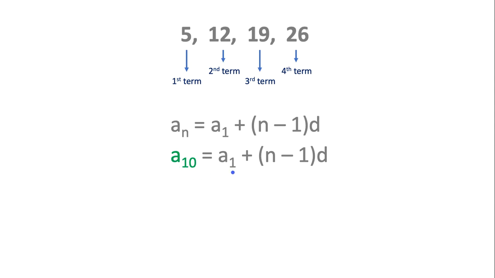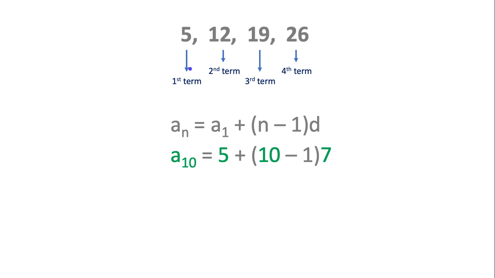A sub 1 refers to the first term, and that is 5. N is 10. That refers to the position of the value we are looking for. And d is 7. We get 7 by subtracting 12 with 5.